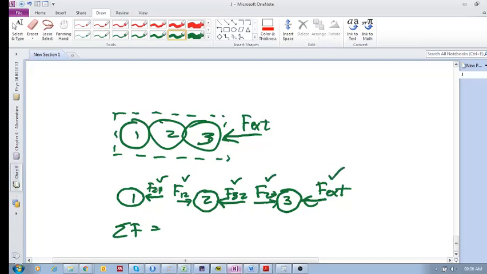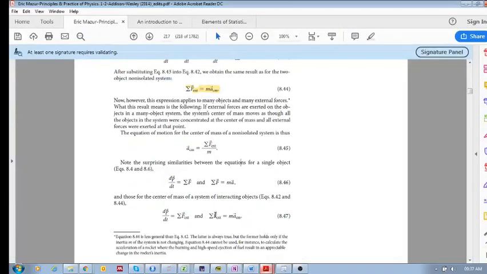And we know that this is the opposite of that, and this is the opposite of that. So these cancel, and the sum of the forces is simply equal to F external. And this is the only force that changes the momentum with respect to time. Hopefully that helps.